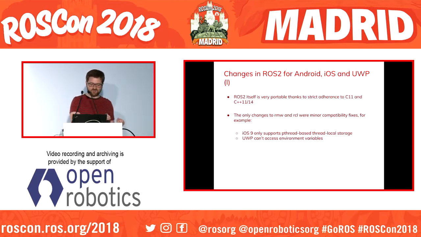All these open source C++11 compilers were very mature, and therefore the two layers that were mostly left intact with all these changes were RMW and RCL. I only had to make a few changes, like for iOS. iOS 9 didn't support C11 thread local storage. That has changed in iOS 10. So anyway.